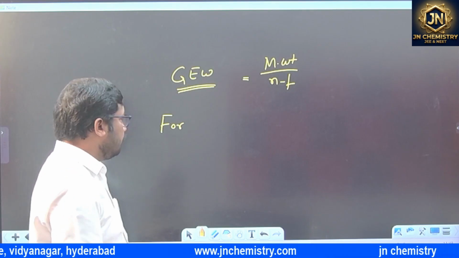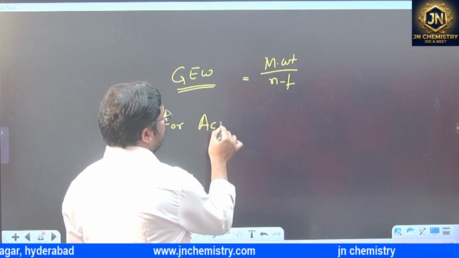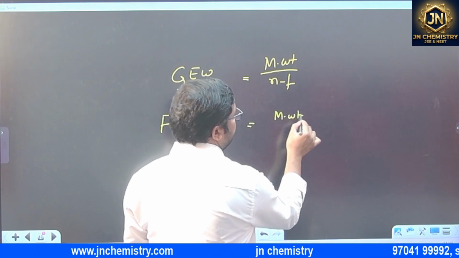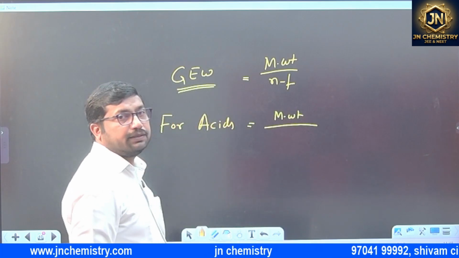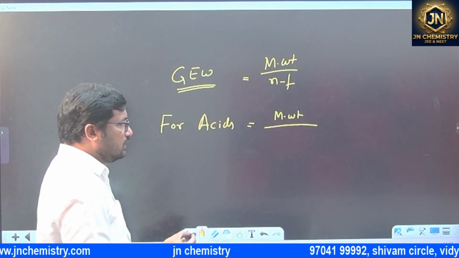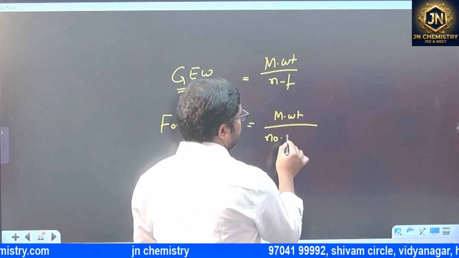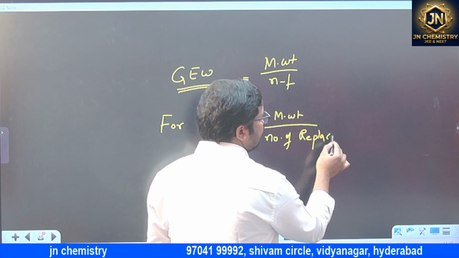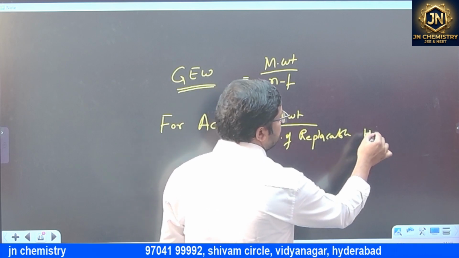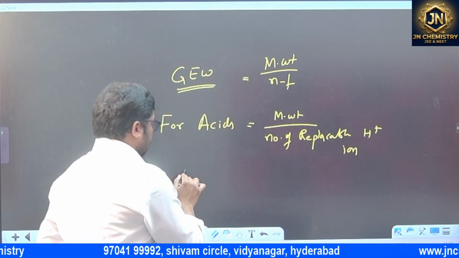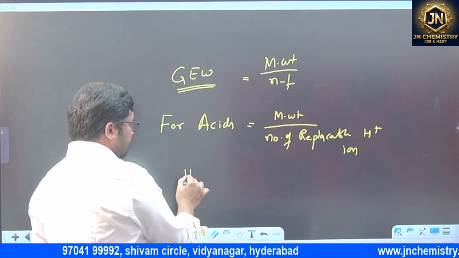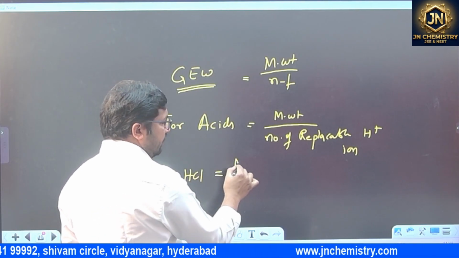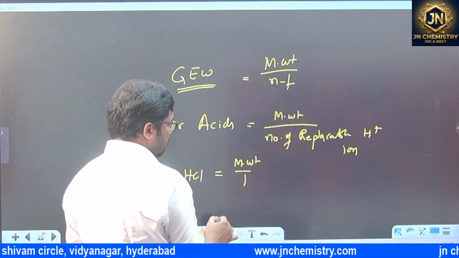Well, for acids, it is molecular weight by the number of replaceable H plus ions, the acidic nature. For example, HCl is molecular weight by 1.